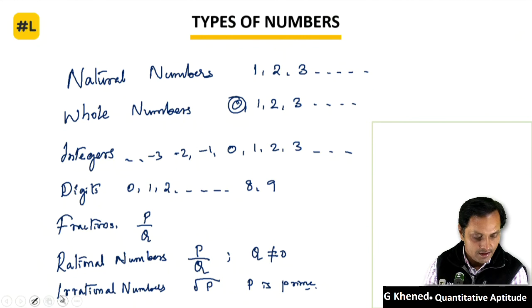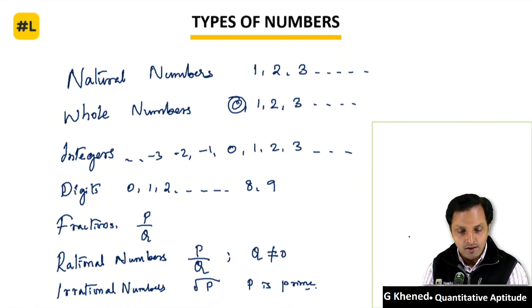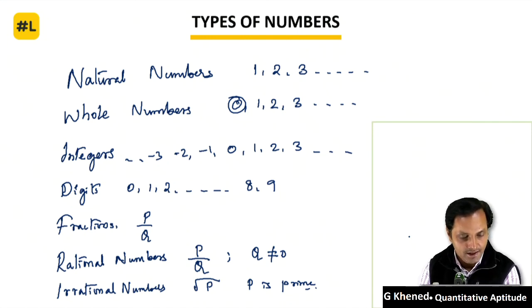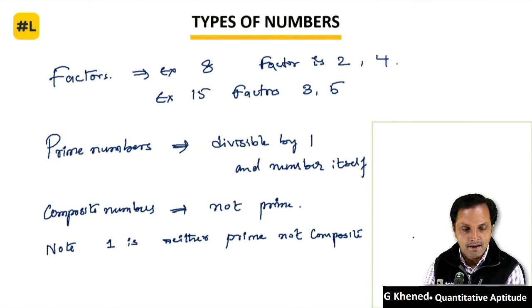If 0 is there, then it is whole number. Then integers are all you should consider 0 to +1, -1, +2, -2 up to plus and minus infinity, and digits are total 10 digits 0, 1, 2, 3 up to 9. Fractions which are in the form of p by q, rational numbers p by q and q should not be equal to 0. Irrational numbers are nothing but root of prime numbers.